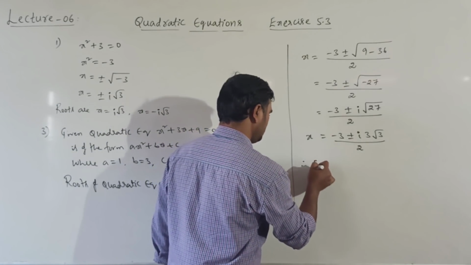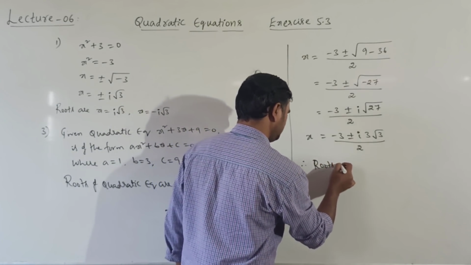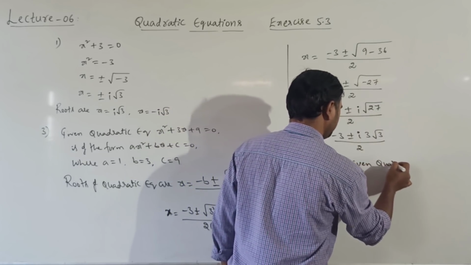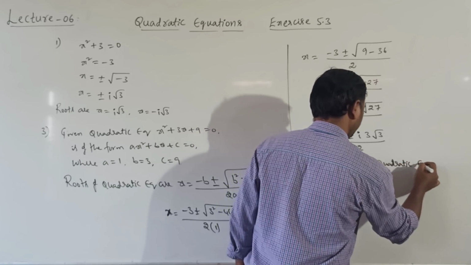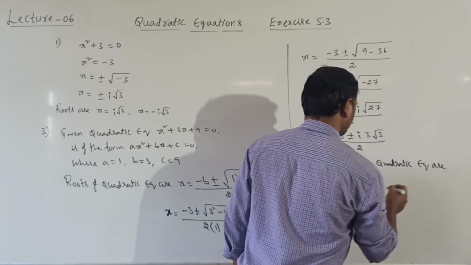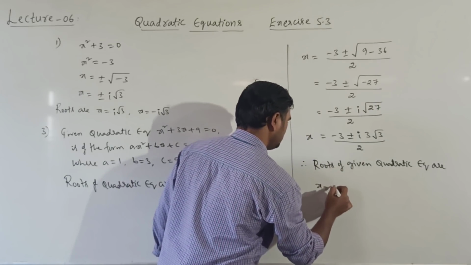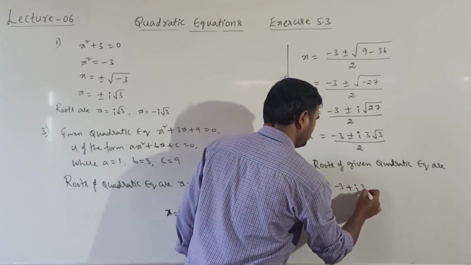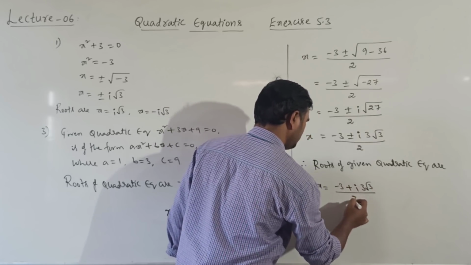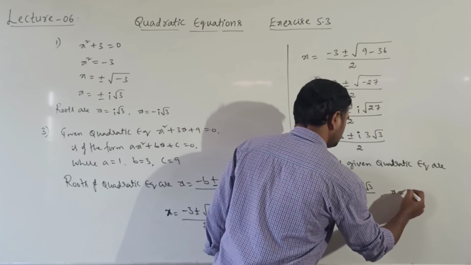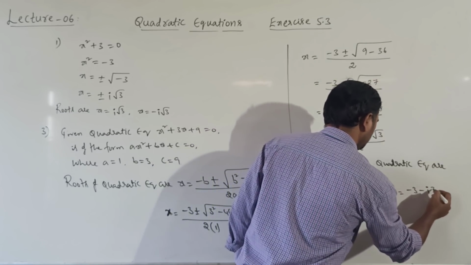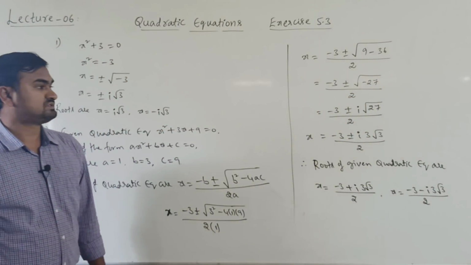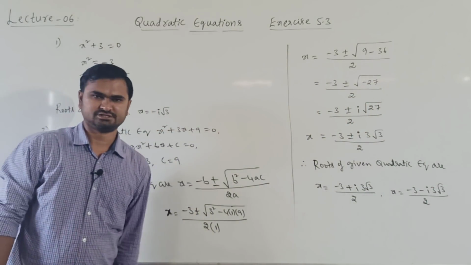Therefore the roots of the given quadratic equation are x equal to minus 3 plus i into 3 root 3 by 2, and x is minus 3 minus i into 3 root 3 by 2. So these are the two roots for the given quadratic equation.